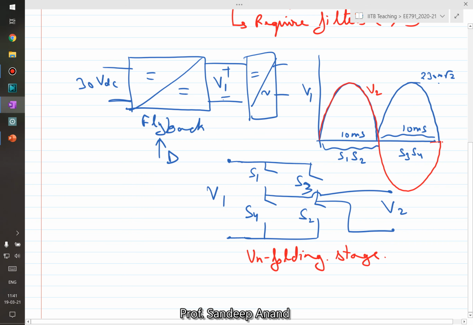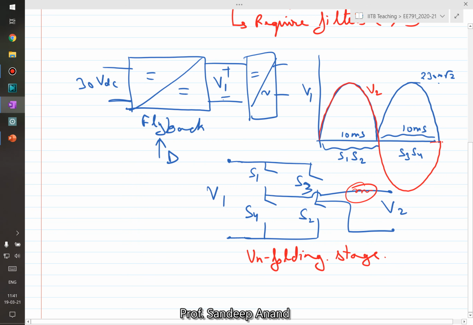Now in this inverter, you see there is no switching loss happening. Why? Because the switches are only switching once in a power cycle, once in 20 milliseconds. So there's no switching loss. Because there's no switching happening, you don't need filters here, you don't need inductors here per se.